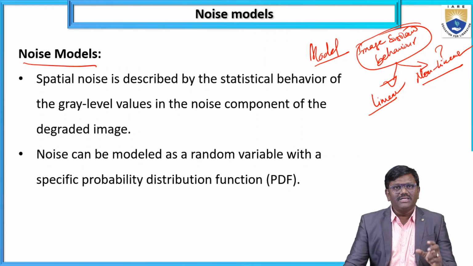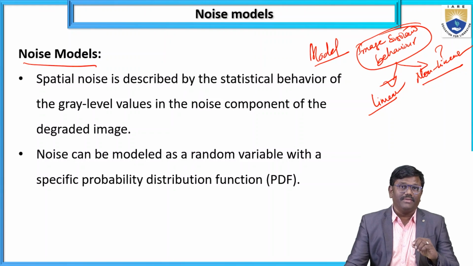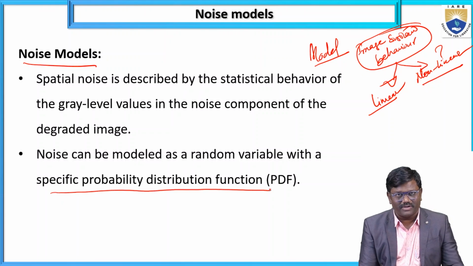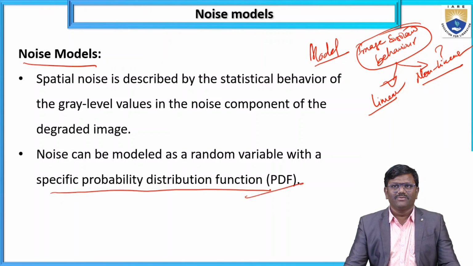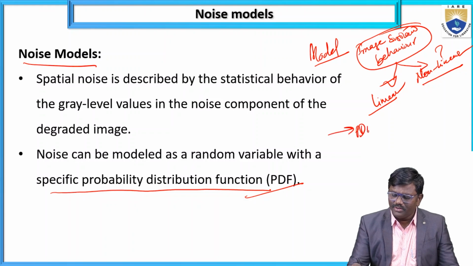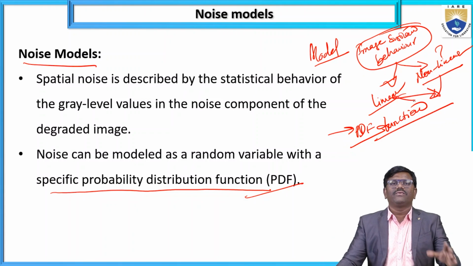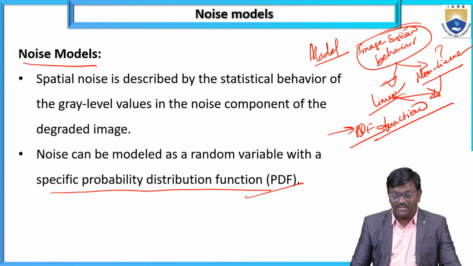Spatial noise is described by the statistical behavior of the gray level values in the noise component of the degraded image, which we understand very clearly. So noise can be modeled as a random variable with a specific probability distribution function, which we call PDF. If you know the PDF, it is easy to convert non-linear to linear. That is what we have to understand about noise models.